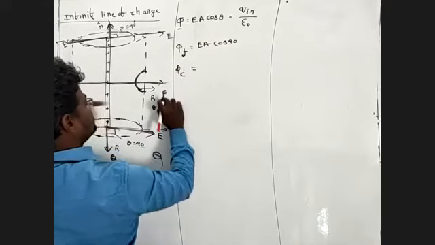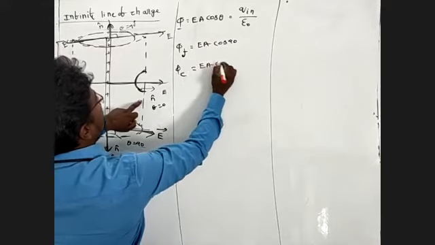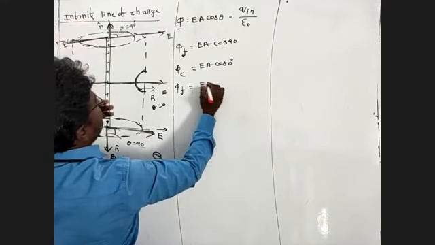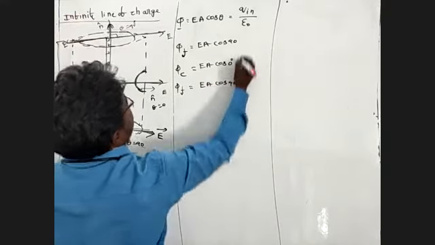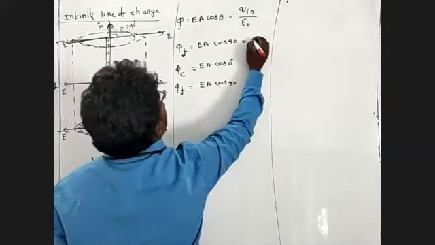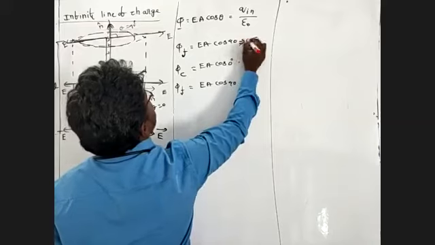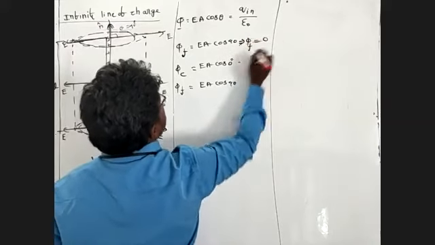Next, for the curved surface, EA cos 0 degrees. Next, for the other flat surface, EA cos 90. The answer is 0.